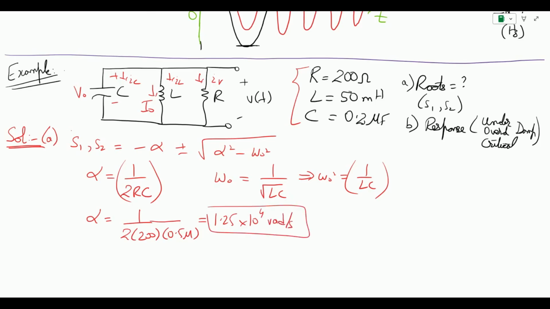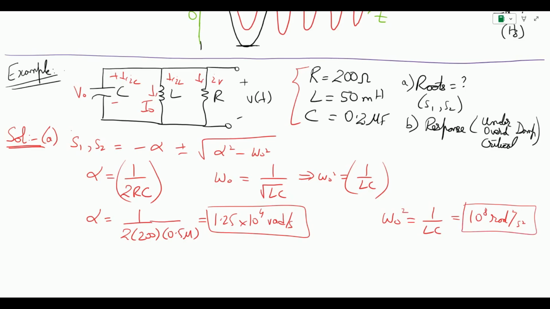This is the value of the Neper frequency. Similarly, omega naught square is 1 by LC, which is going to be 10 to the power 8 radian square per second square. So these are the two values that we have.